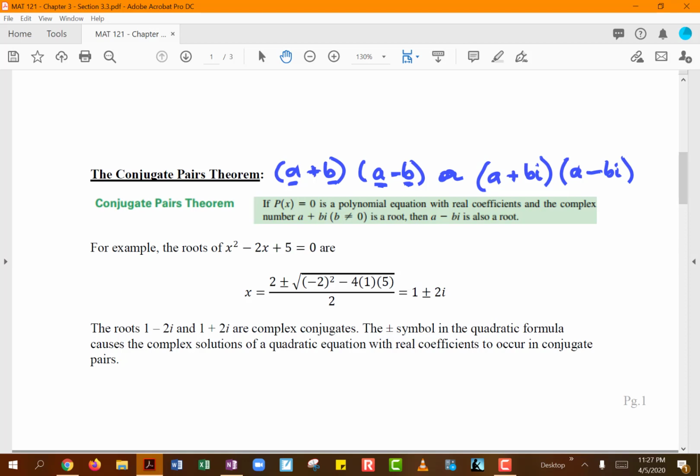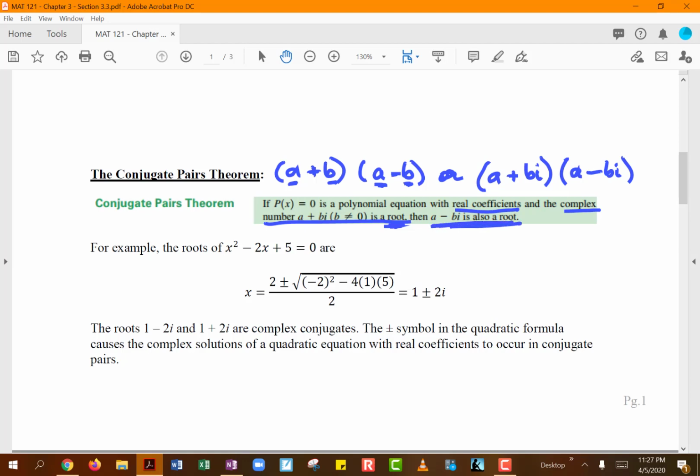So again, if you have a polynomial function p of x equal to 0, they're saying this is a polynomial equation that has real coefficients and it can have these complex numbers as their roots. Then basically what they are saying is if your polynomial equation has a plus bi as one of its roots, then that means its conjugate pair a minus bi is also going to be a root.